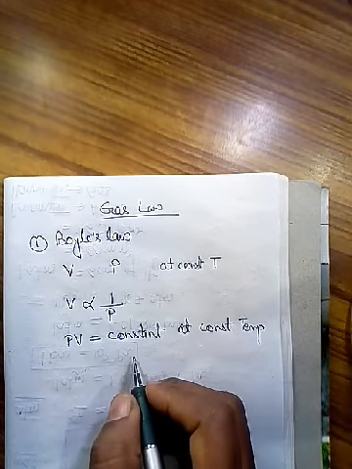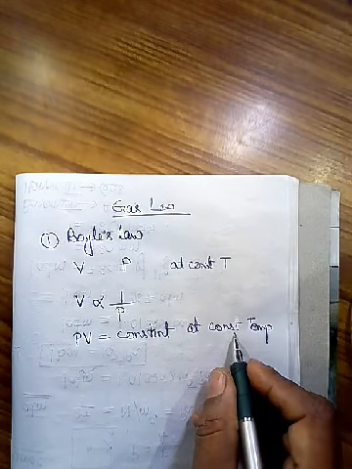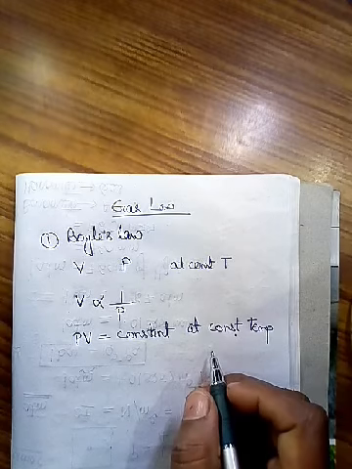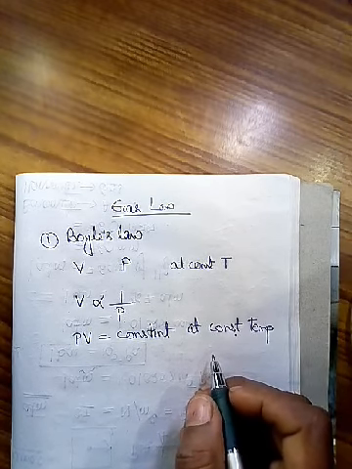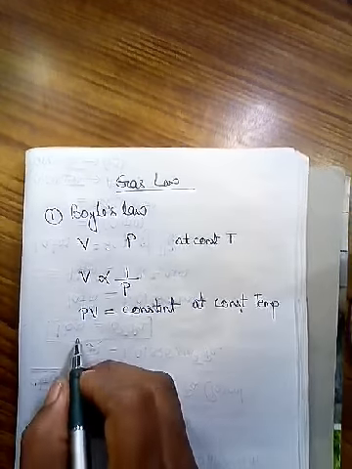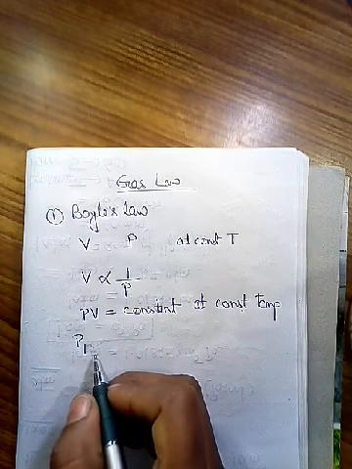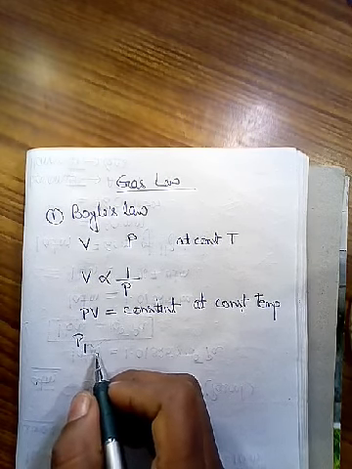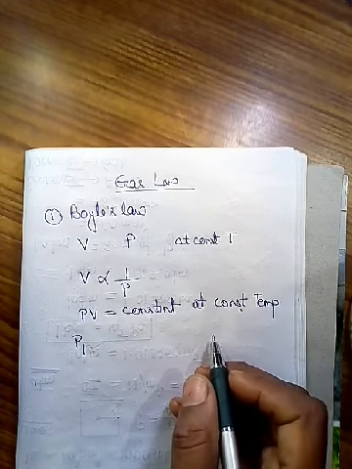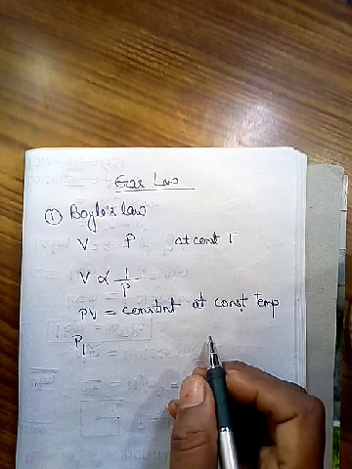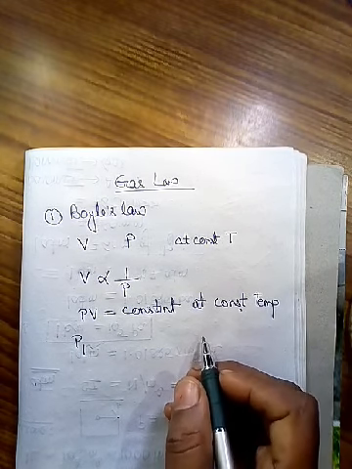This can also be stated as temperature remaining constant, the product of pressure and volume of a given mass of a gas is constant. Suppose P1 is the pressure and V1 is the volume, that is initial pressure and initial volume of a gas at constant temperature, which changes to P2 and V2, the final pressure and volume.